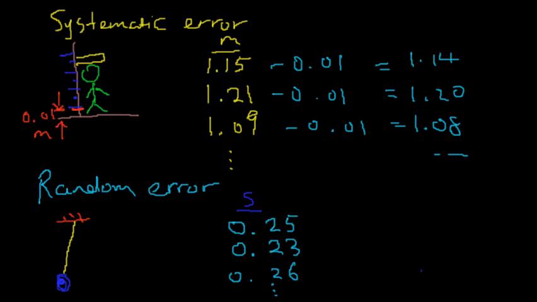Now, the reason could be because we have to start and stop the stopwatch, and we might sometimes start a bit early and sometimes stop it a bit later. It keeps changing. Sometimes we're a bit faster, sometimes a bit slower. So it's quite random. So these are random errors.